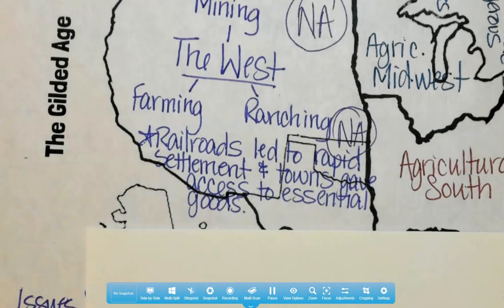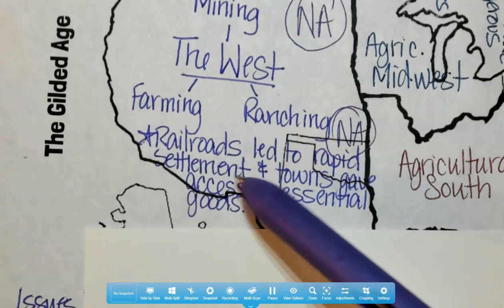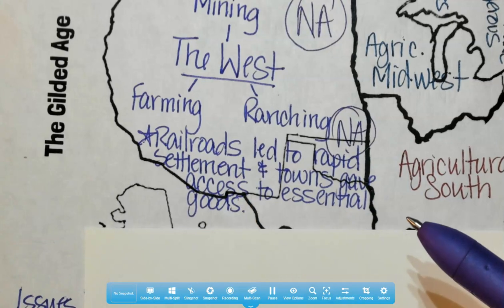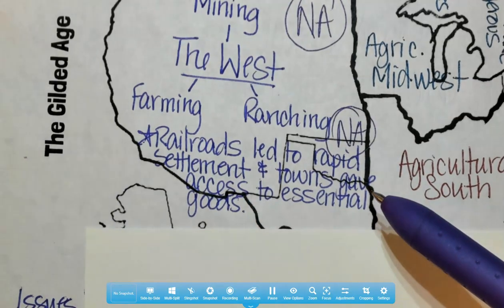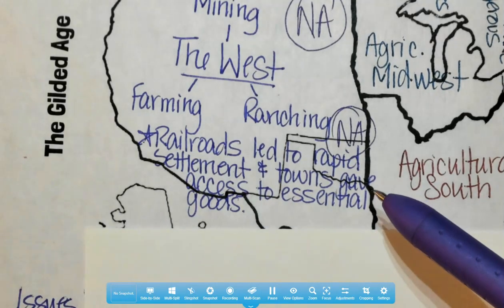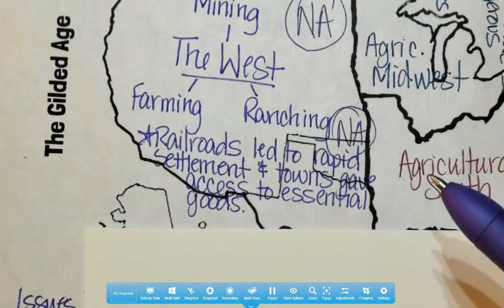It's going to do two things. The transcontinental railroad led to rapid settlement, meaning people can move there quickly. And the towns established along the railroad stops gave access to essential goods. So all of these things come from the Transcontinental Railroad.